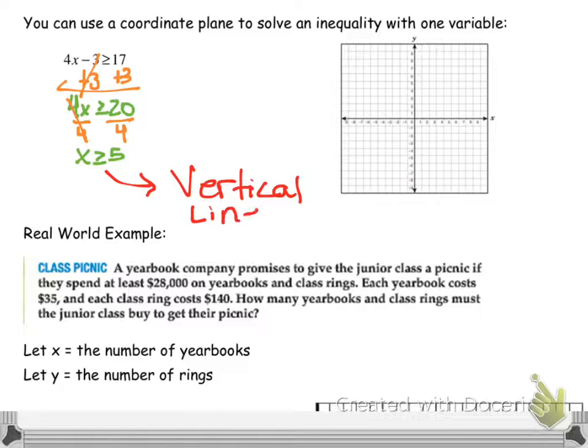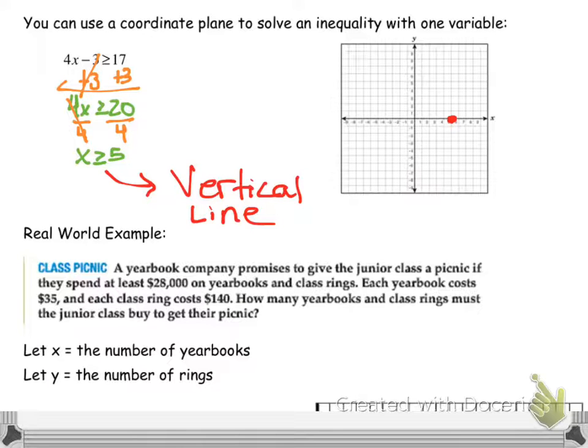And y equals a number was a horizontal line. So that's kind of coming back here. And so when I give you a coordinate plane on the test, and you end up with just one variable, you've got to remember the vertical and the horizontal lines. So since x is greater than or equal to 5, that tells me I'm looking at the number 5 on the x-axis. So here's number 5 on the x-axis, and it is going to be a vertical line.